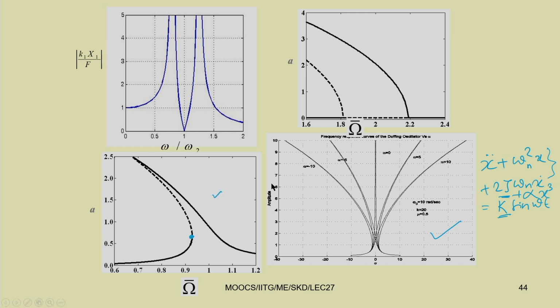So, these frequency responses are for nonlinear systems. In nonlinear systems, it can bend either to the right or left, and at omega equal to omega n it is not equal to infinite. So, here the nonlinearity limits the vibration of the system.